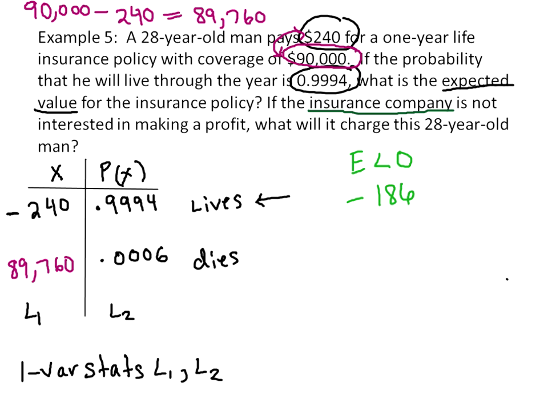Right, the insurance company. They're making money off of this policy. So on average, the insurance company is making $186 on this policy. Okay. So the first part of this is asking you for the expected value, and that's what we have here. So the expected value is negative 186. It favors the insurance company.